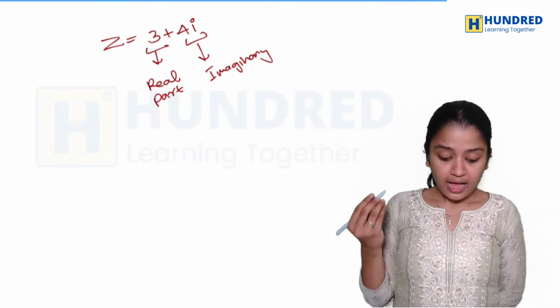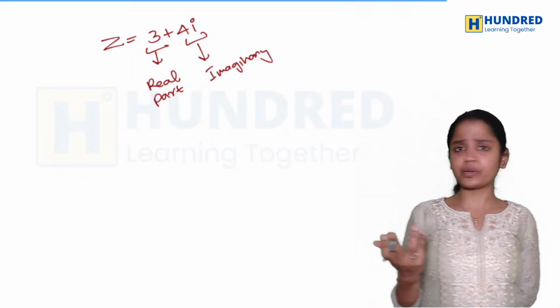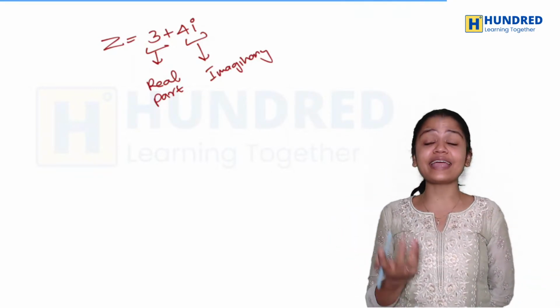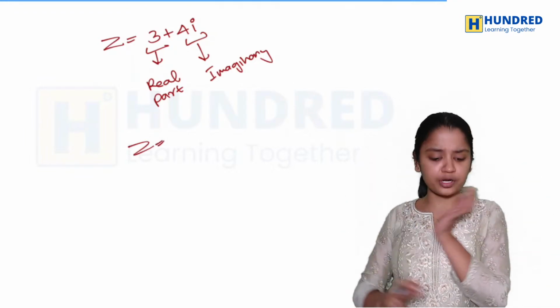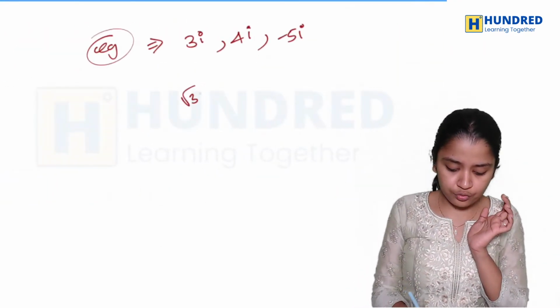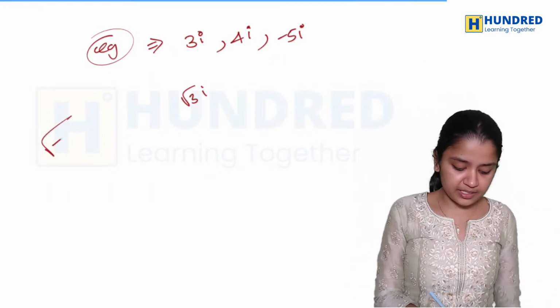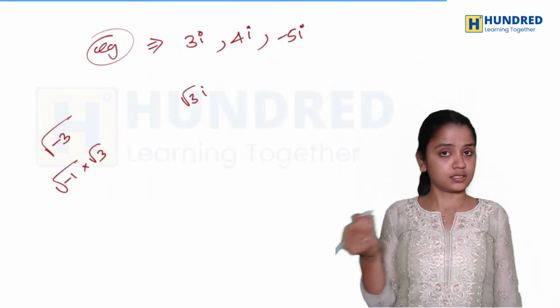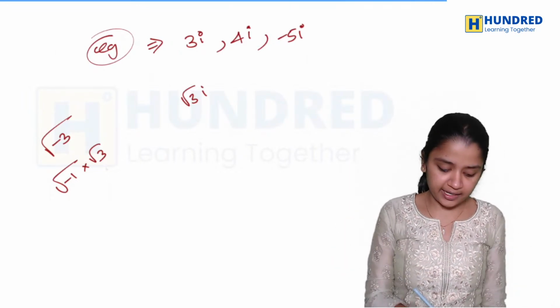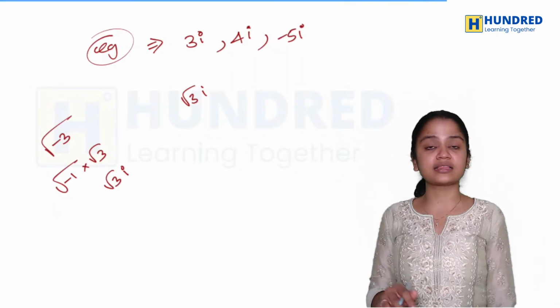And what about others? Won't you get i in roots? You can definitely get an imaginary number in roots also, like root 3i. For example, minus root 3 you can write as minus 1 into root 3. You can split it and write it, so it is nothing but root 3i.